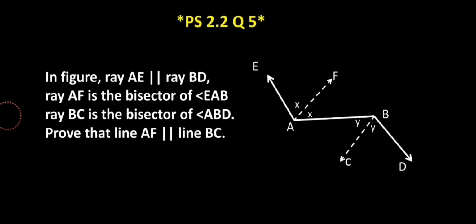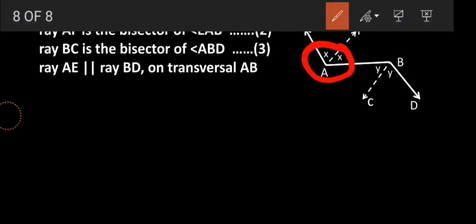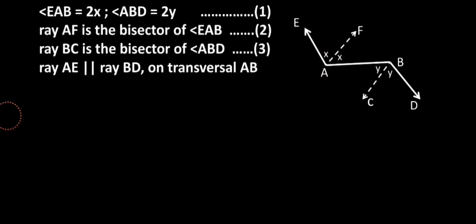So here we are with the details of the answer. Very first, the way I told you, EAB, if you observe the diagram, is nothing but 2x, and ABD over there is nothing but 2y. Angle addition property, you can write it directly also by figure.